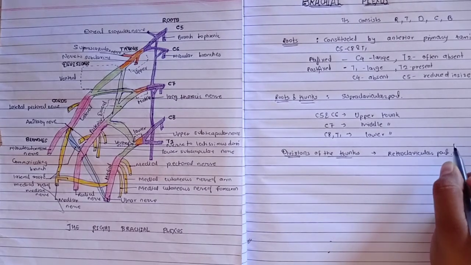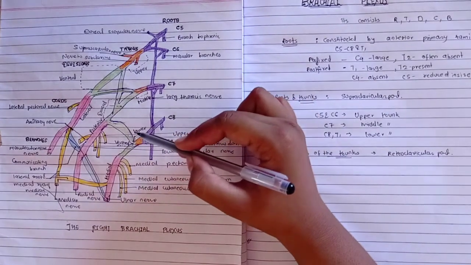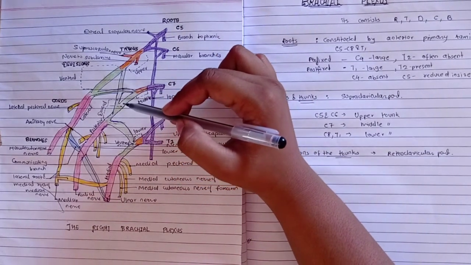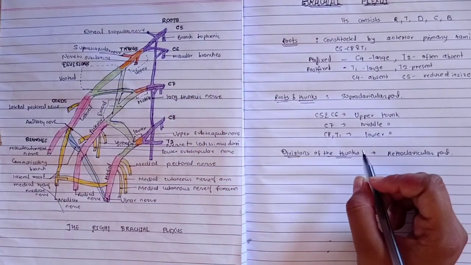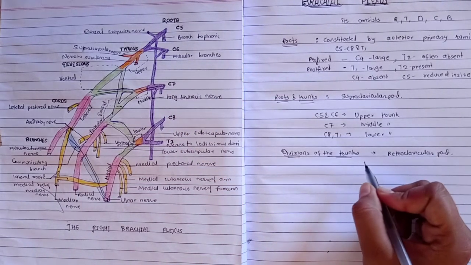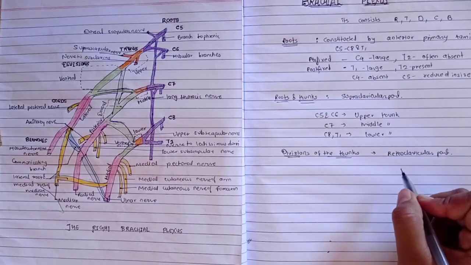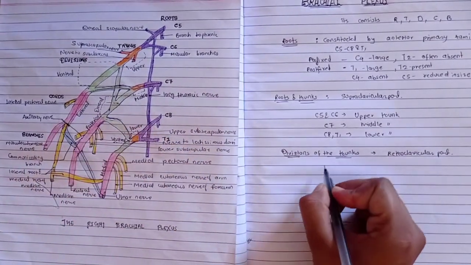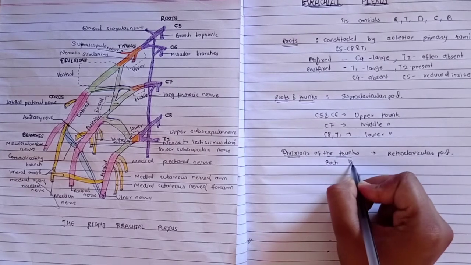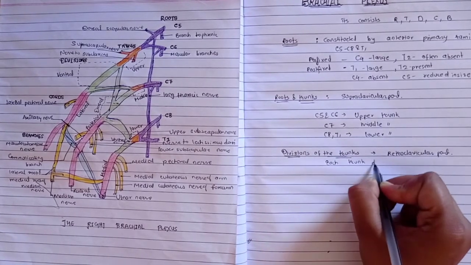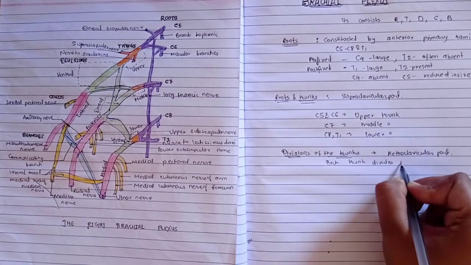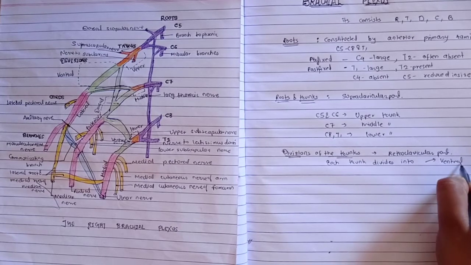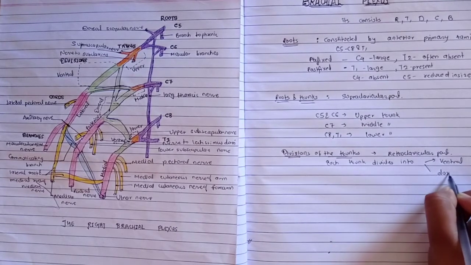Each trunk, that is upper, middle and lower, three in number, divides into a ventral and a dorsal division, which ultimately supply the anterior and posterior aspects of the limb, and these divisions join to form the cords.